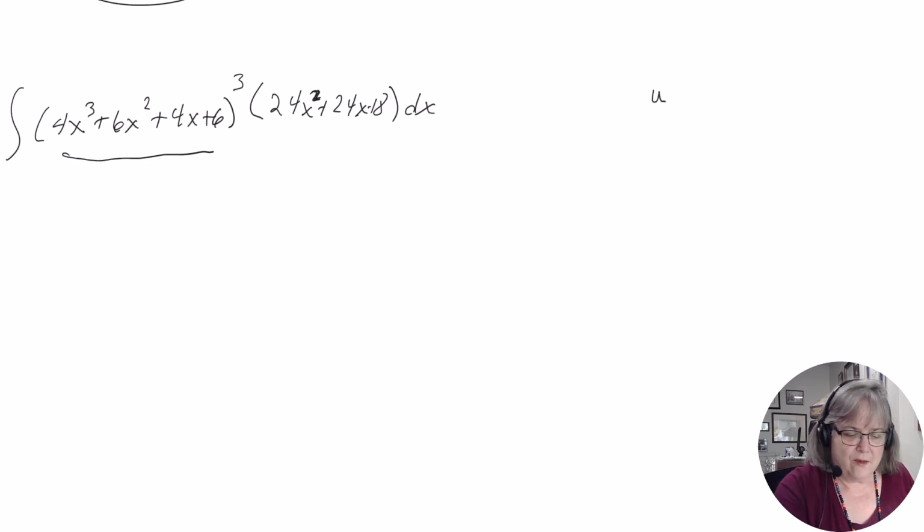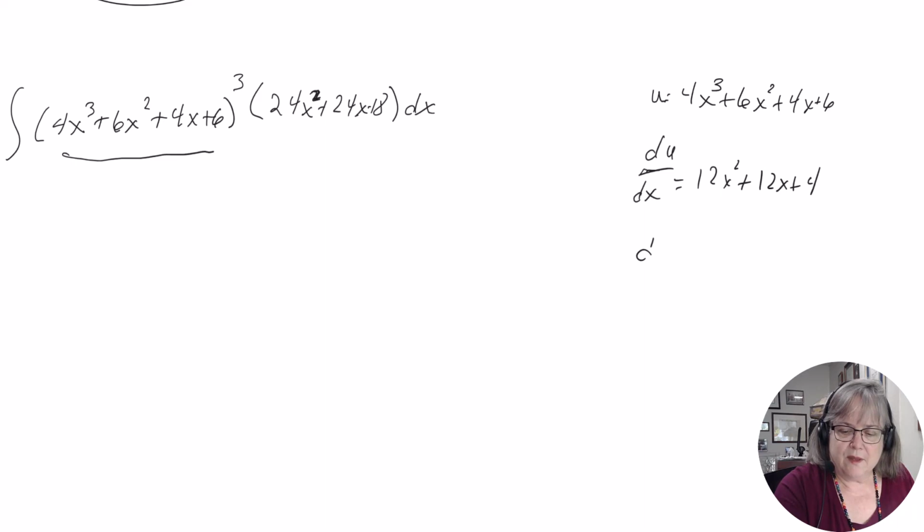So let's let u be 4x cubed plus 6x squared plus 4x plus 6. So du dx is 12x squared plus 12x plus 4. So du is 12x squared plus 12x plus 4 dx.